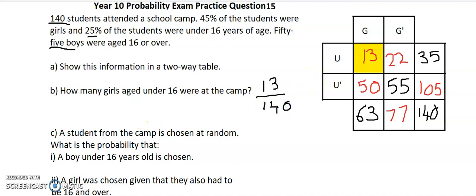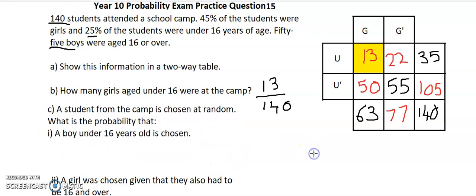Okay, then we look at the next one. It says, a student from the camp is chosen at random. What is the probability that a boy under 16 years old is chosen? Well, we've got boy under 16 would be 22.